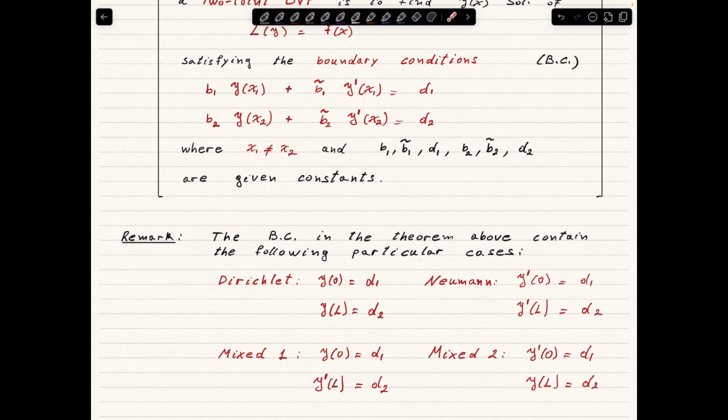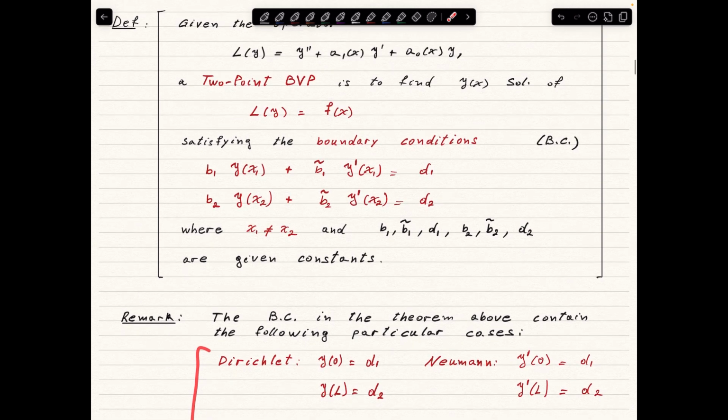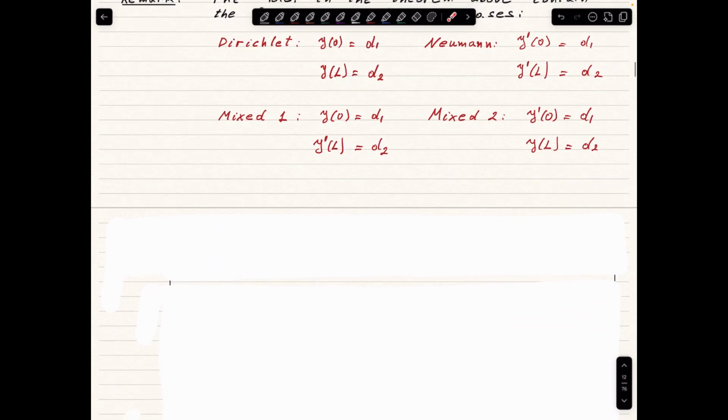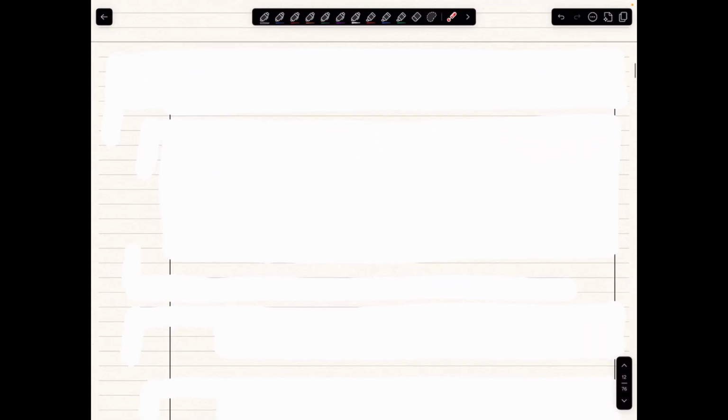So this is what we said is a boundary value problem, and for these boundary conditions and for a particular type of operator, the type we are interested in is the operator that has this coefficient equal to 0, and this coefficient is a constant, let's call it k. For this operator and this boundary condition, we have proven a result in a previous video, which is the following.